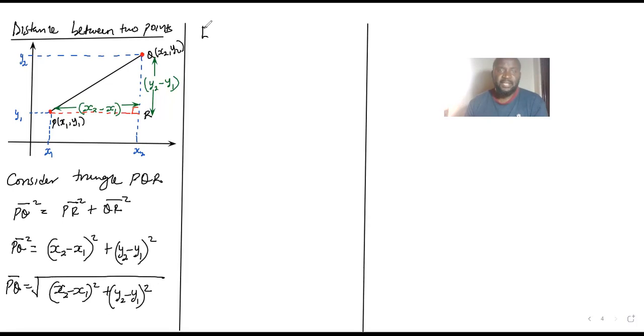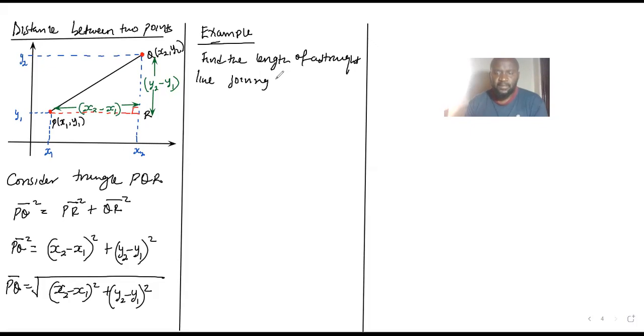With that formula, everyone knows it from primary. But if I look at an example here at advanced level, we need to know how it comes about. You can say: find the length of a straight line joining the following pairs of points.